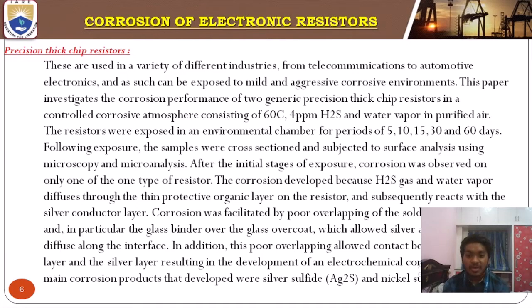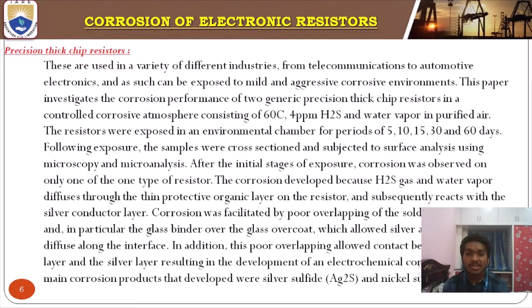The resistors were exposed in an environment chamber for periods of 5, 10, 15, 30, and 60 days in 5 layers. Following exposure, the samples were cross-sectioned and subjected to surface analysis using microscopy and microanalysis.